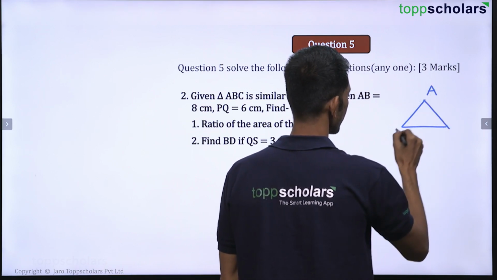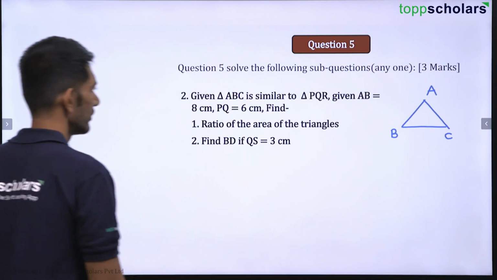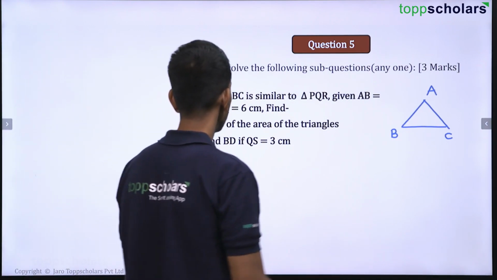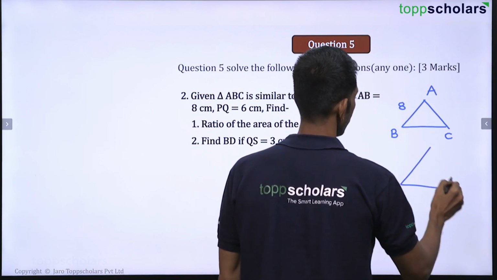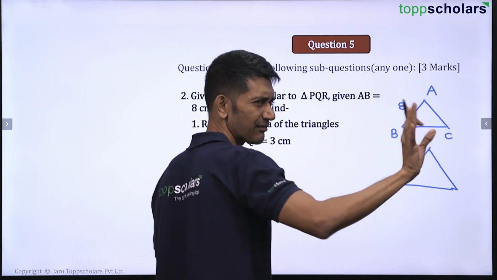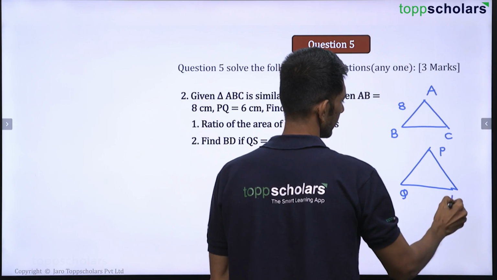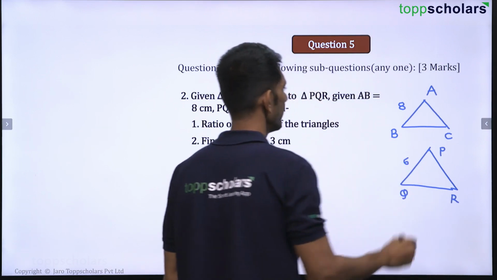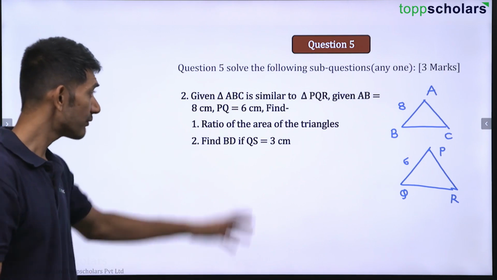Triangle ABC is similar to triangle PQR, where AB is 8 and PQ, obviously PQ is small, this is just a rough figure, is 6. We are supposed to find the ratio of the areas of the triangles.